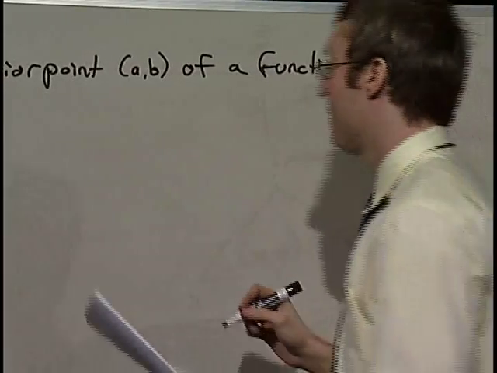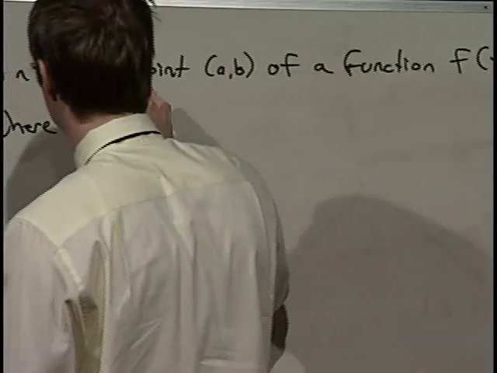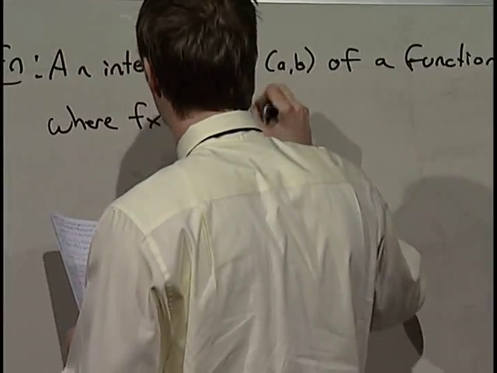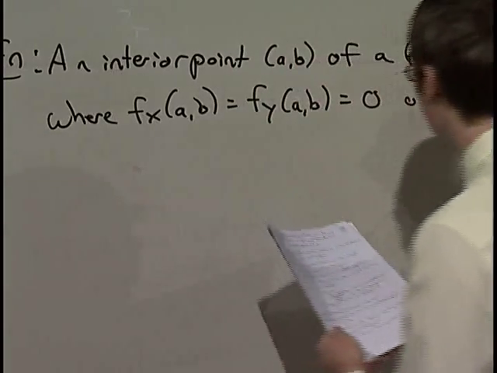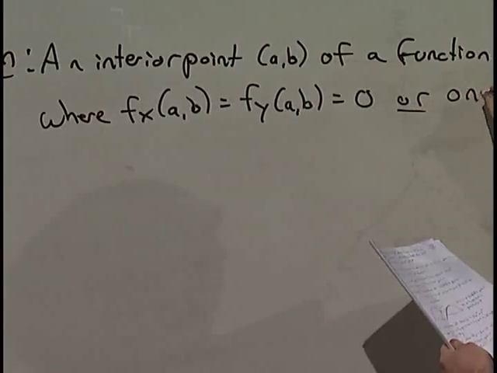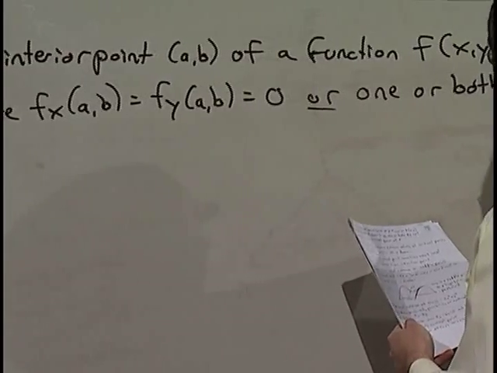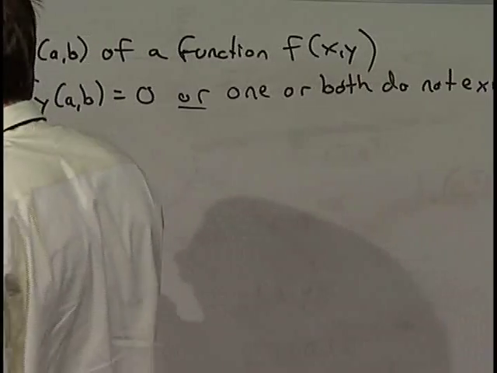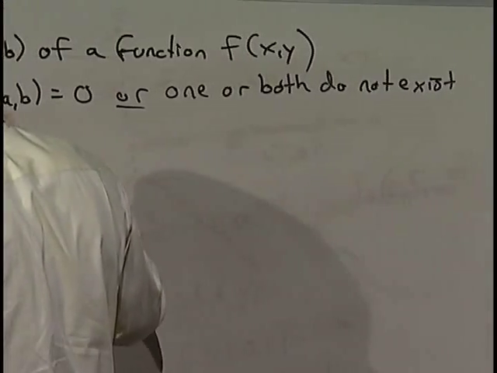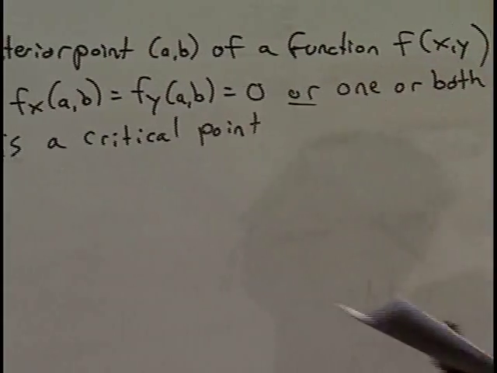So, interior point of a function f of x, y, where the first order partials are both 0 at (a, b), or one or both do not exist, is a critical point.